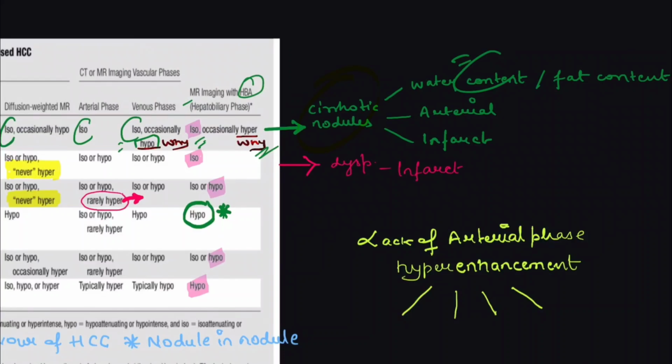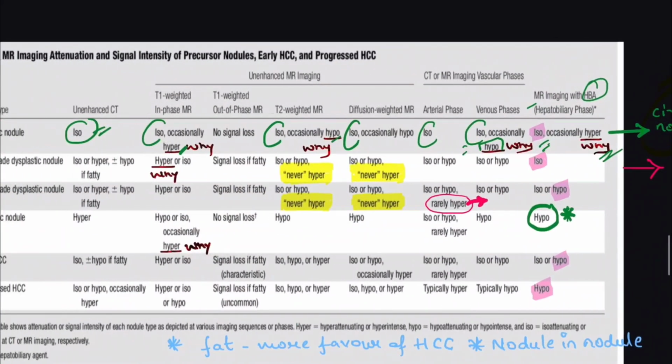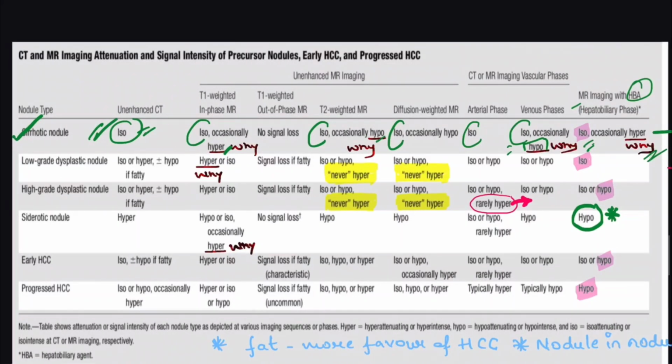Because of more water content, they can be T1 hypo and T2 hyperintense, and they can have fat within them, so can be T1 hyperintense. So all the permutations and combinations are possible, but just remember the usual thing, that's ISO. They are always ISO. Okay, so these are the cirrhotic nodules.